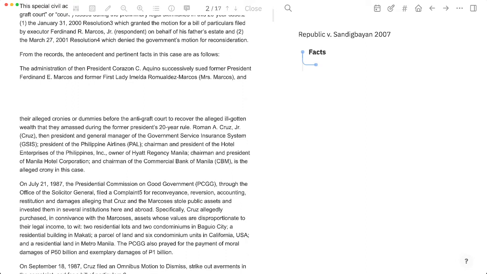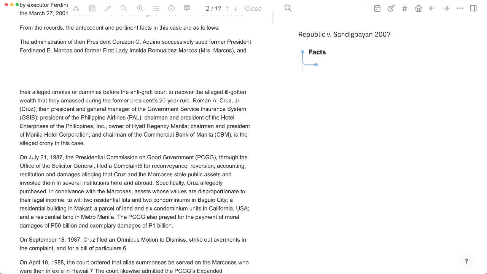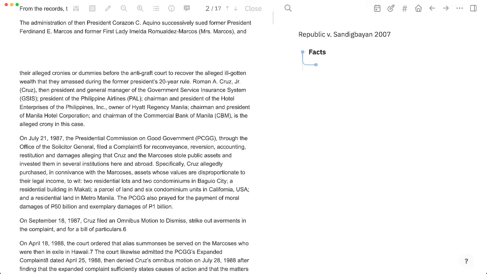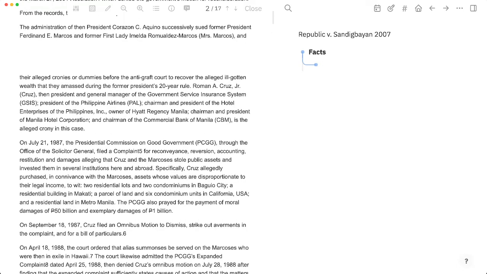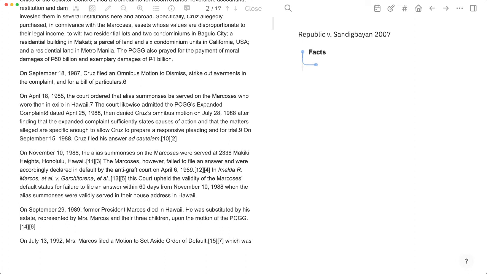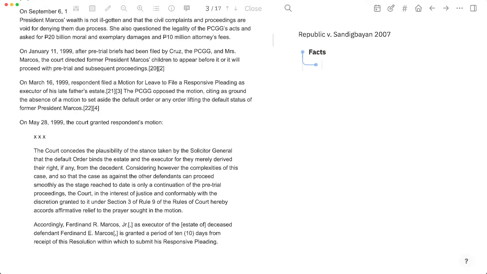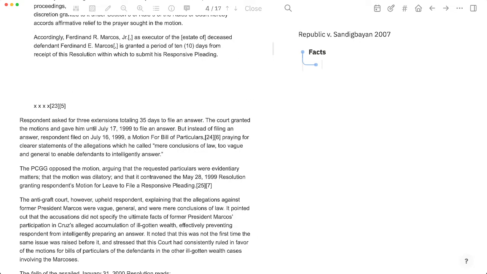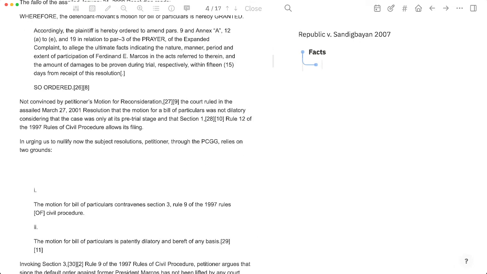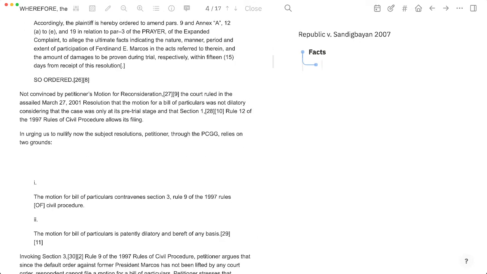But how can we fast track in understanding bill of particulars? Kasi yun yung target natin dito for civil procedure in a way na we can get it faster, no? So ito yung mga parang telenovela no, start from the beginning ba kung ano nangyari.